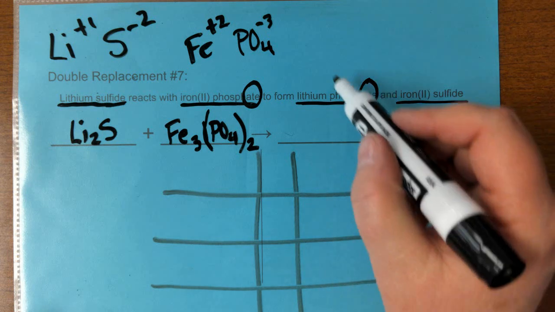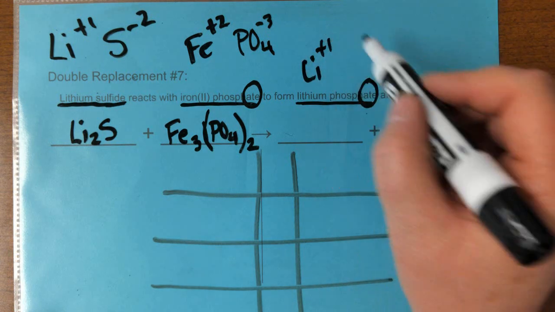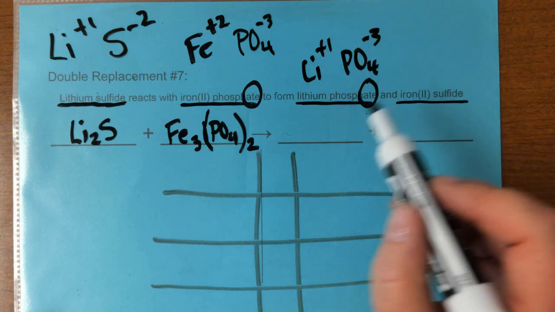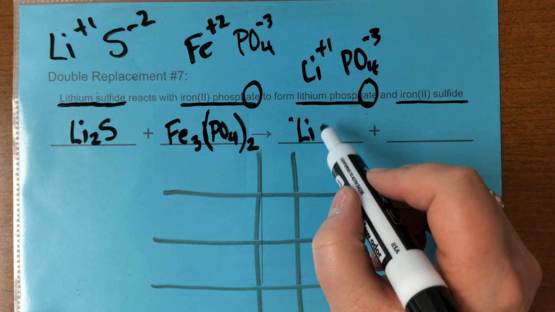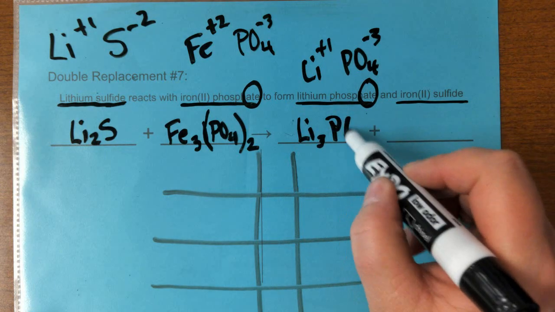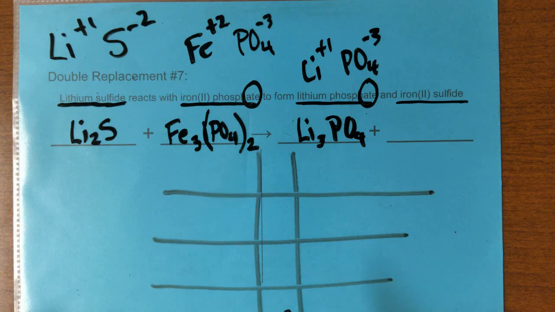Okay? Lithium, +1. I already figured out phosphate is a -3. So I would need 3 lithium and only 1 phosphate. If you only need 1 phosphate, you don't need to put it in parentheses.